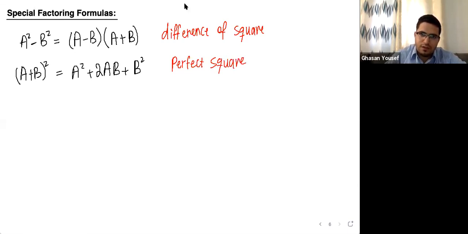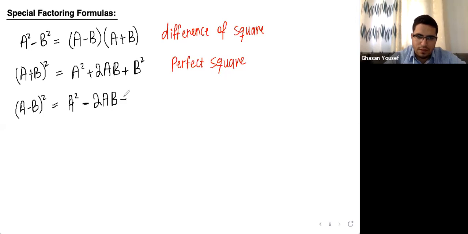The last one is a minus b, everything square. This is equal to the first term square minus 2ab plus b square. Also, this is called perfect square.